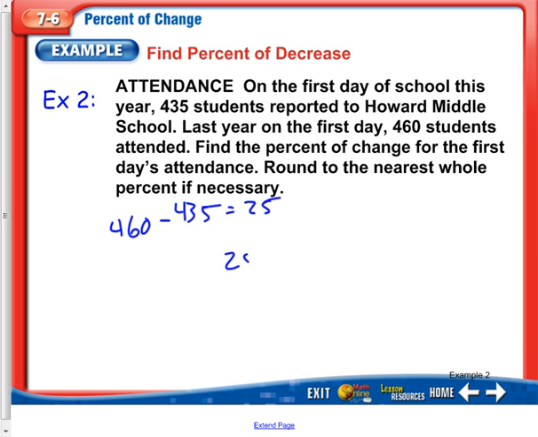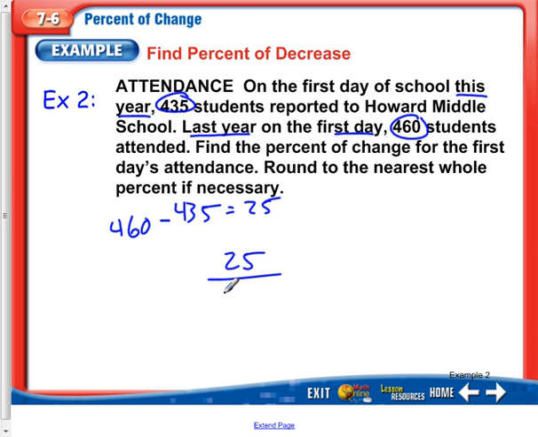So we're going to put that on the top of the ratio, and we want to put the original. Now let's determine what is the original. Again, remember what I said. Yesterday is always the original compared to today. So the first day of school this year is 435. But last year on the first day there was 460.